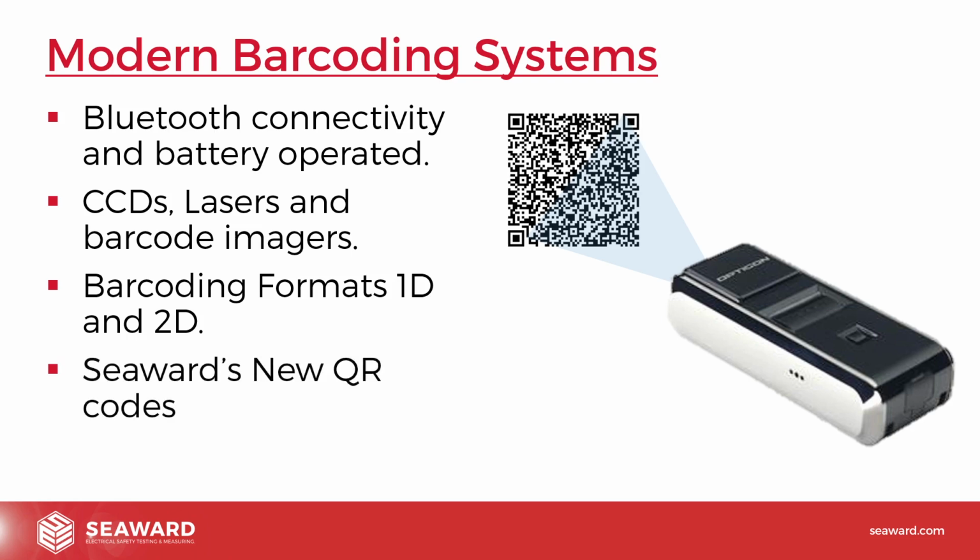So again, Seaward's new QR code system actually stores part of the testing data optically within the QR code. So it's really great because you've got the data there, and you don't need to worry about uploading data to the tester. So if you've got 2 or 3 testers, it doesn't really matter. You just go around, scan the barcodes, and away you go.